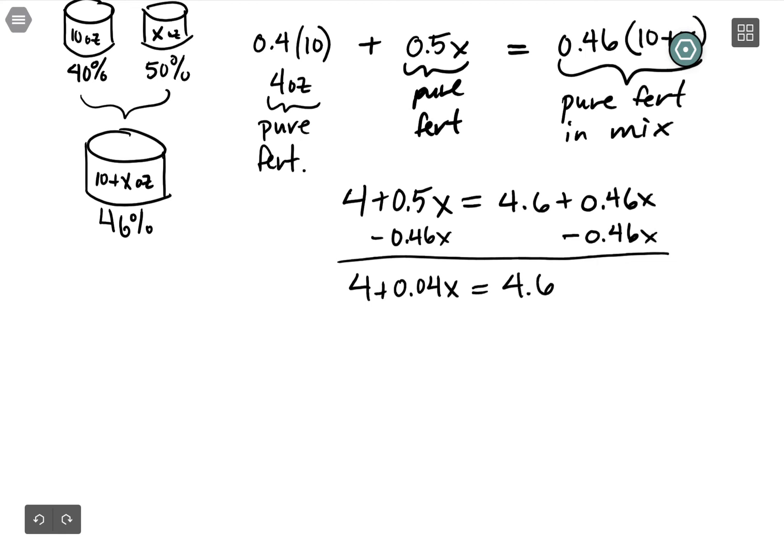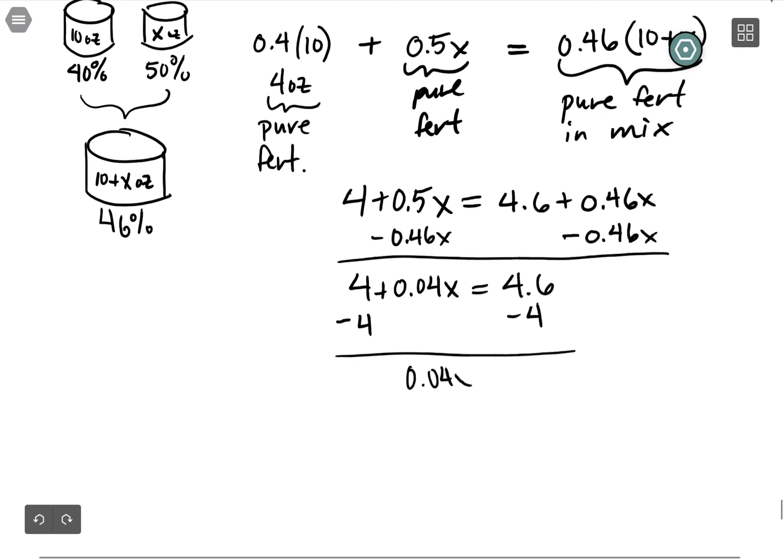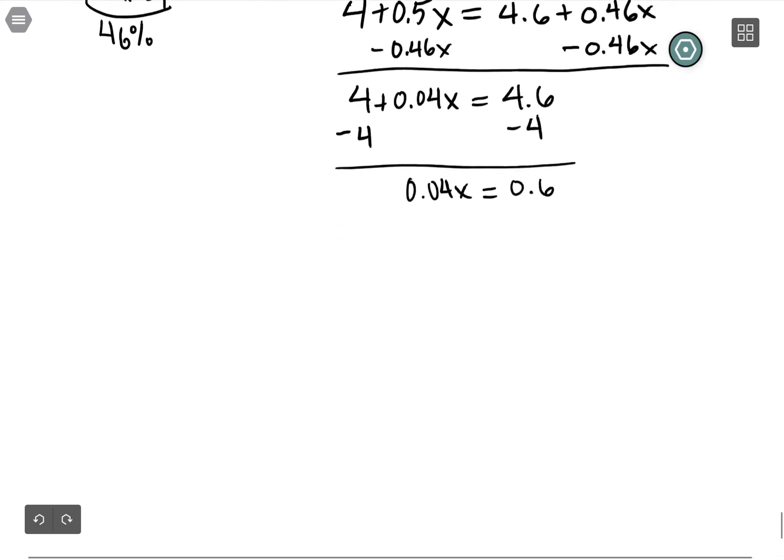Now that I have x on one side and I'm down to one of them, I just need to undo the multiplication by 0.04 and the addition of 4. So we'll first get rid of the plus 4 by subtracting. 0.04x equals 0.6. And then we'll get rid of the 0.04 by dividing.